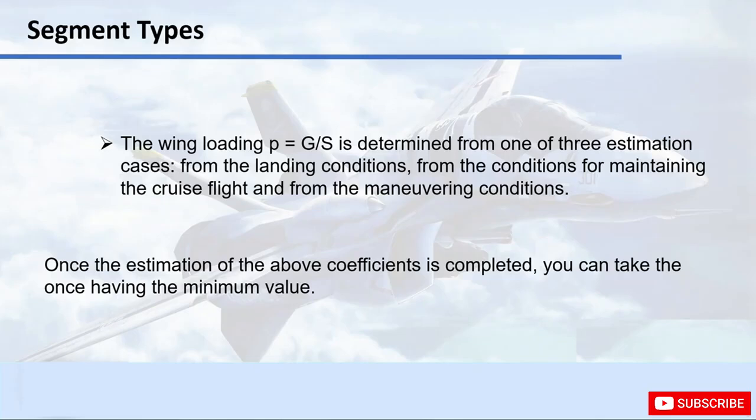We want to ensure that the wing structure is strong enough to cover all these situations, and this is what we're going to be doing. After we find the three coefficients for each of the situations, we're going to take the minimum one, which refers to the highest loading on our wing.